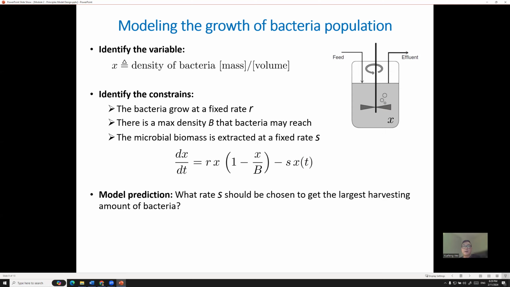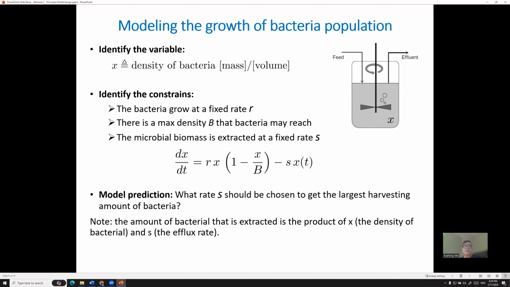Asymptotically, meaning at steady state. Notice that the largest harvest rate is not X. It's not the largest density. It's actually the largest harvest rate, the largest harvesting amount of bacteria. It is actually X times S. So the amount of bacteria that is extracted is the product of X, the density of bacteria, and S, the efflux rate.